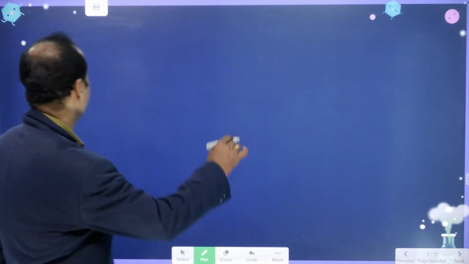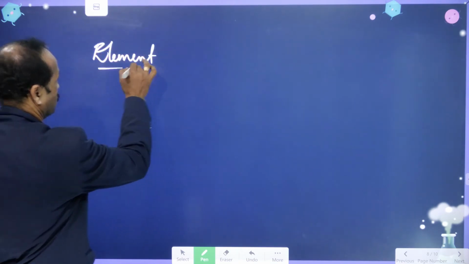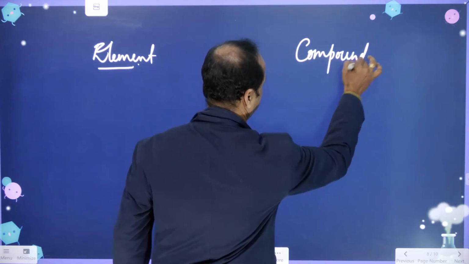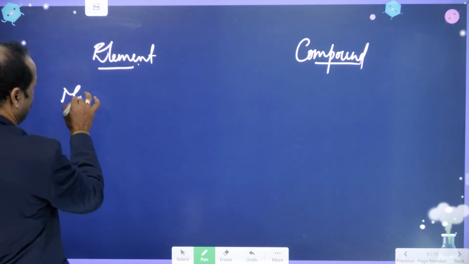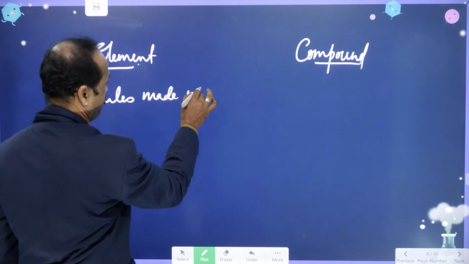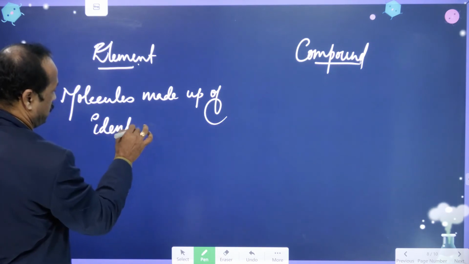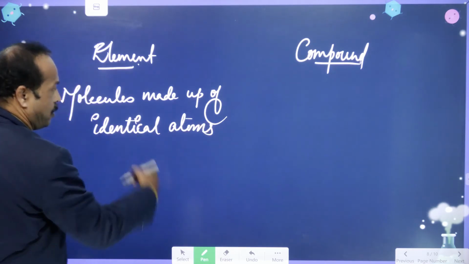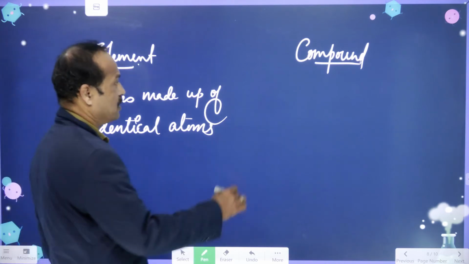So elements: molecules made up of identical atoms are called elements.